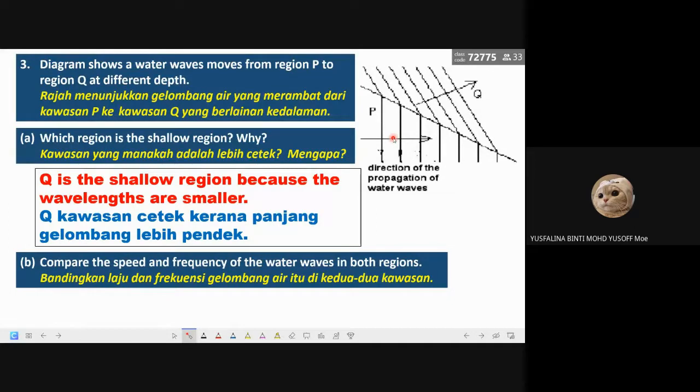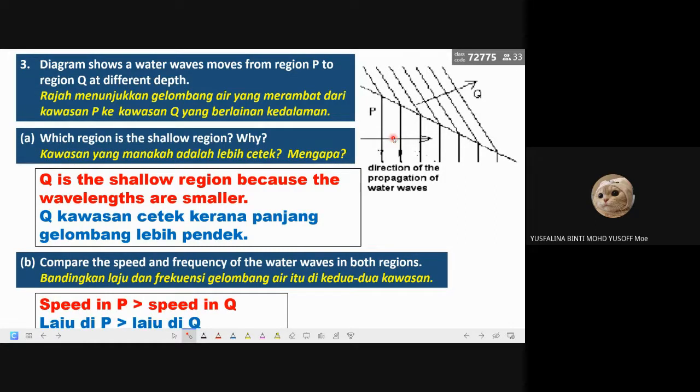Then you have to compare the frequency and also the speed of the water wave in both regions, for the speed and also for the wavelength. The speed at P is higher than Q. For this we use the formula V equals F lambda.